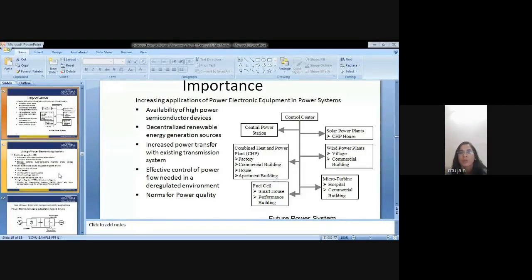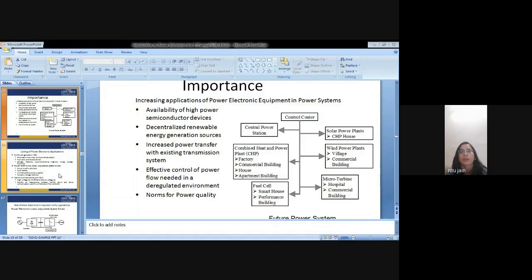There are n number of PEC devices used in transmission or distribution systems to improve the power quality and to reduce the cost of electricity. So this gives increased power transfer with the existing transmission system. You need not change the existing system. You just introduce the new devices or new equipment in your system.